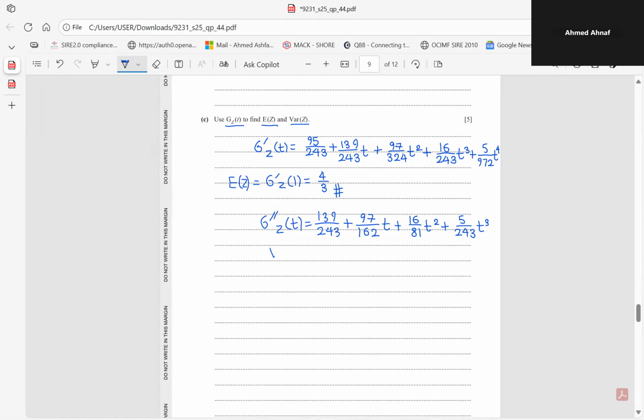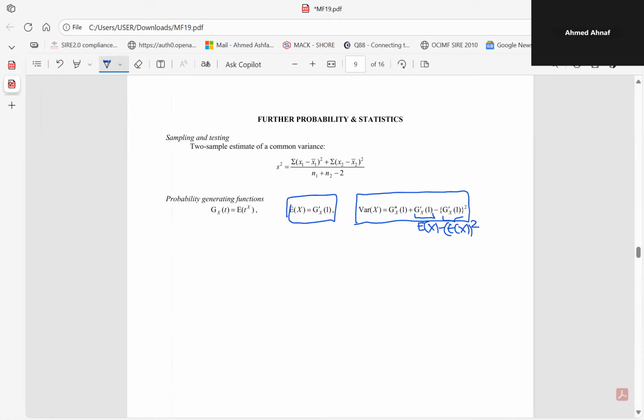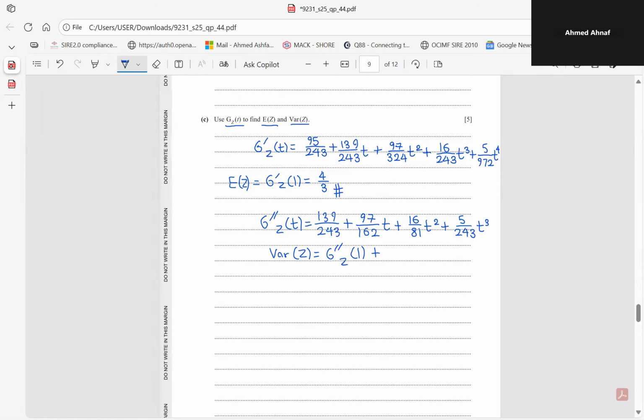Yeah, so now we can find the variance of Z. That's just G double prime Z(1) plus the expectation minus the expectation squared.